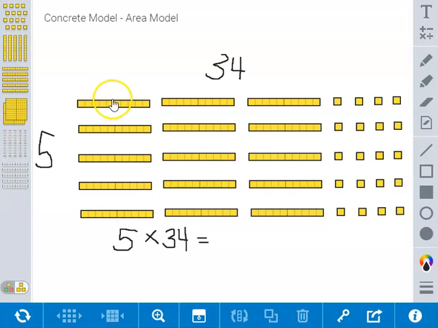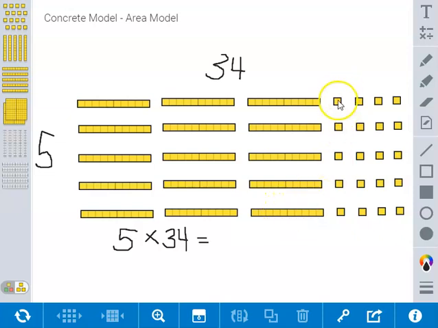Starting off with the tens, we have 10, 20, 30, 40, 50, 60, 70, 80, 90, 100, 110, 120, 130, 140, 150.